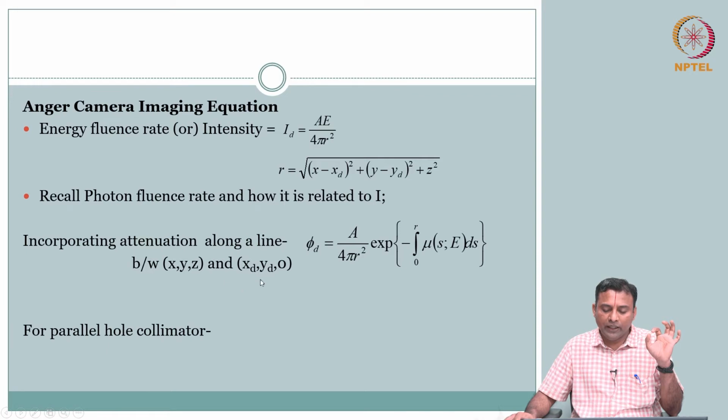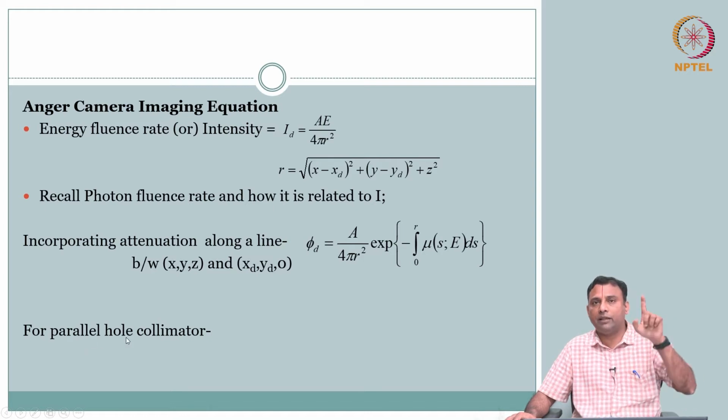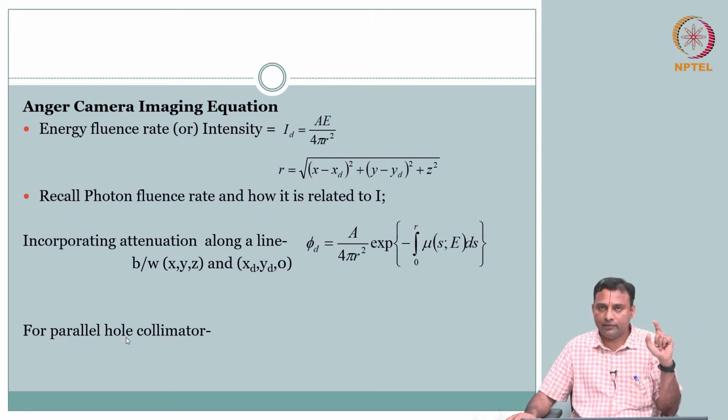It looks very similar, but there are subtle changes that we should appreciate. Even this we can simplify further, because we said we are going to be interested in a parallel hole collimator. If the photon is coming at some angle, we are not really interested in that. We will pretend that it is not going to contribute to the image. It is going to be absorbed by the collimator.